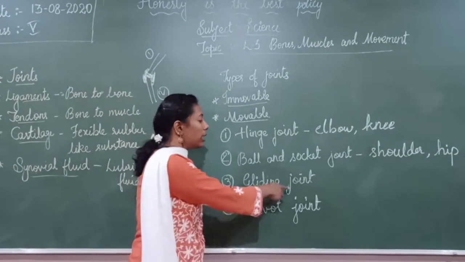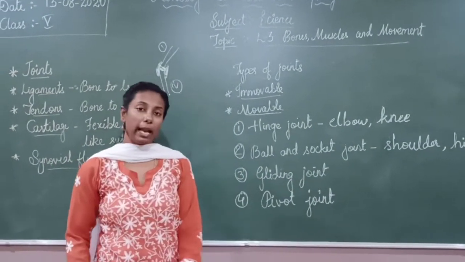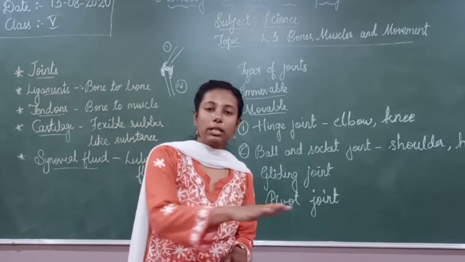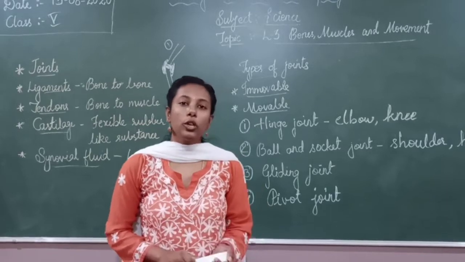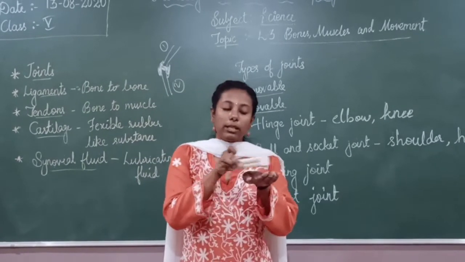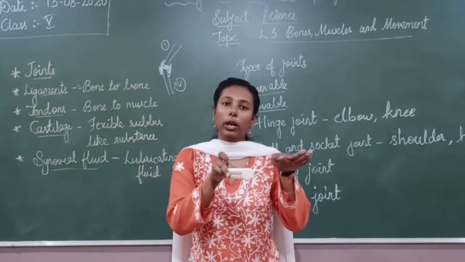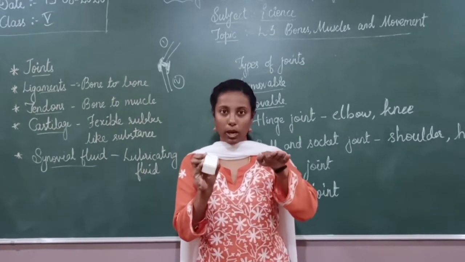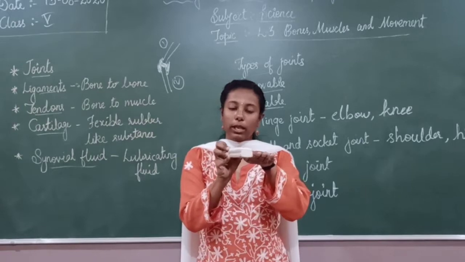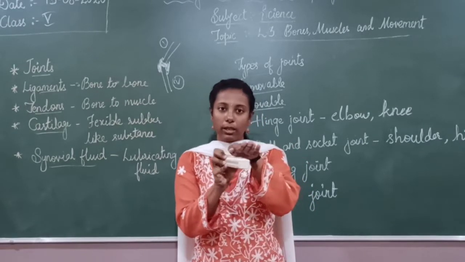Now coming to the gliding joint. Gliding means just slide over each other. Two bones will slide over each other, or you can say rub over each other. If this is a bone and this is one more bone, the bones will just move like this.